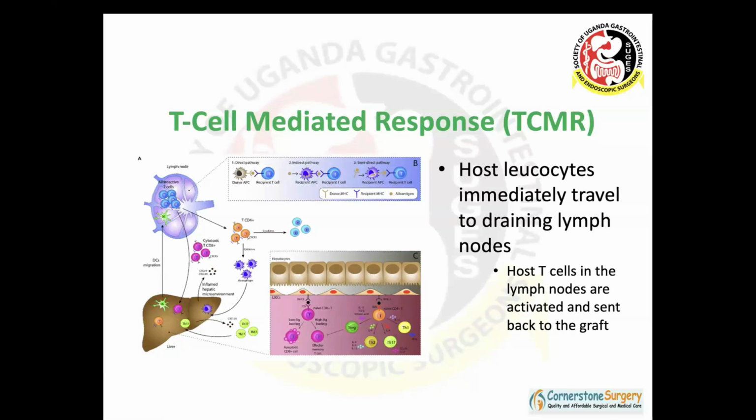These lymphocytes are the ones which end up causing more cascade and more damage, as we shall see. In liver transplant, all our immunosuppression is basically directed to the T-cell mediated response because this is a major response in our liver transplants rather than the antibody-mediated one.